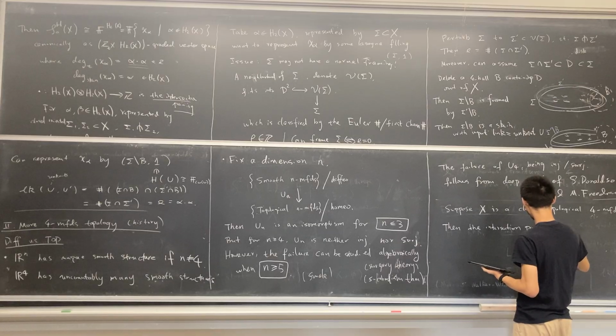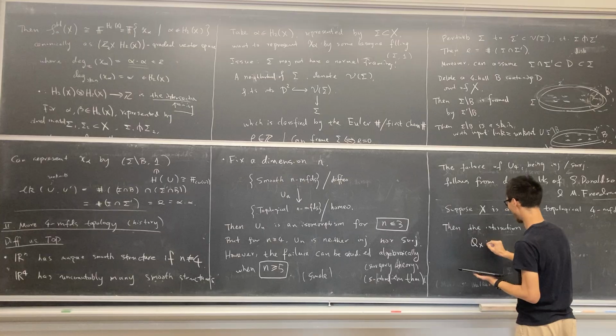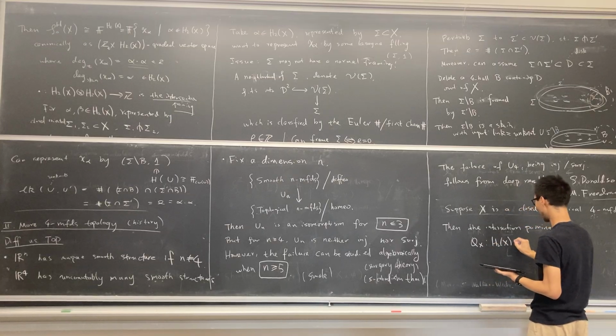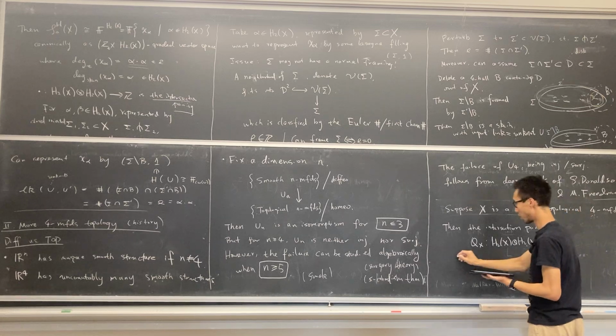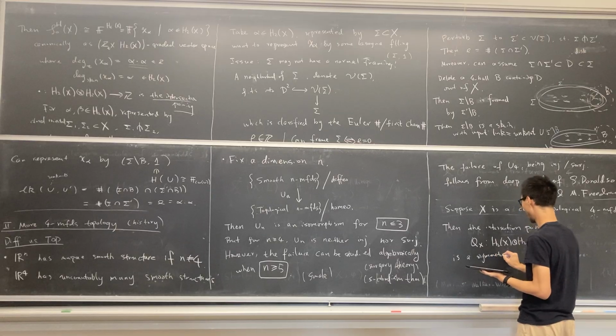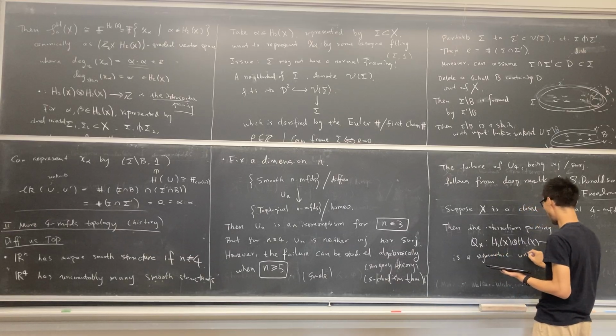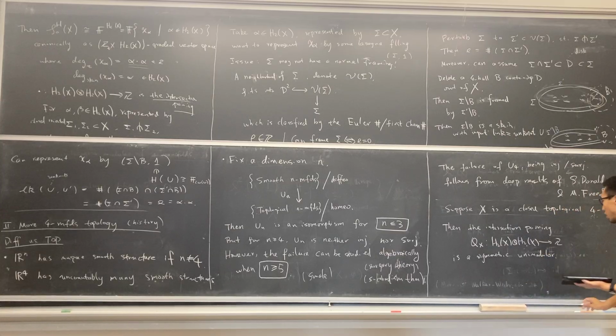The intersection pairing Q of X is a symmetric unimodular pairing. Unimodular just means if you write it in terms of a matrix, then the determinant is plus or minus 1.